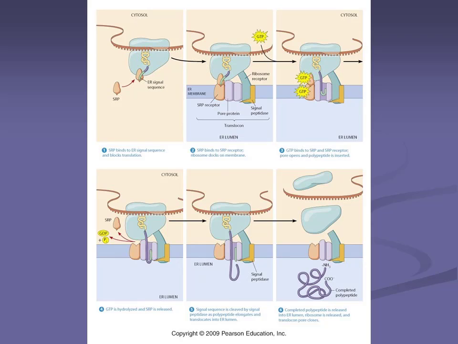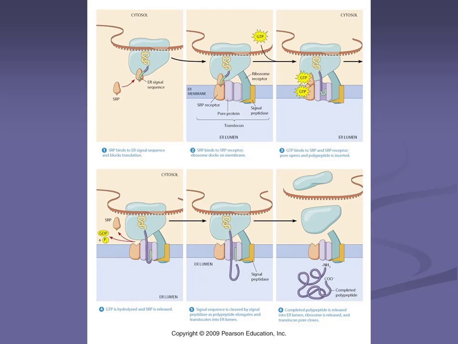And so we have this signal sequence binding protein. And this signal sequence binding protein binds to that first leader signal sequence of our protein. That then causes this whole unit to bind to the receptor on the endoplasmic reticulum membrane. That's what's holding the ribosome in place.